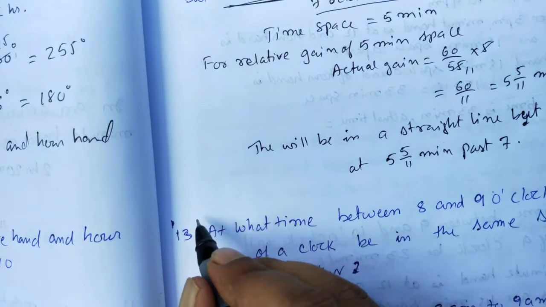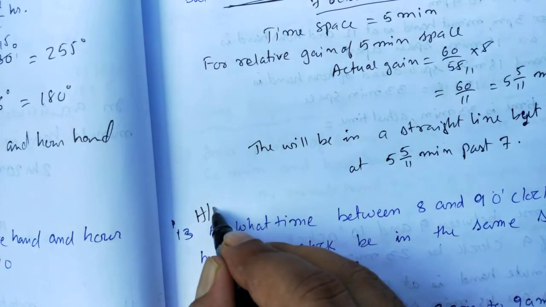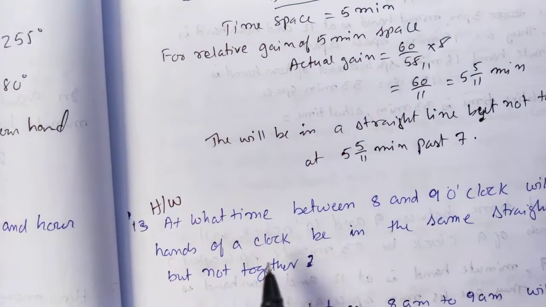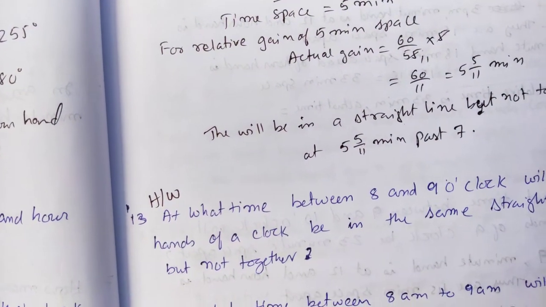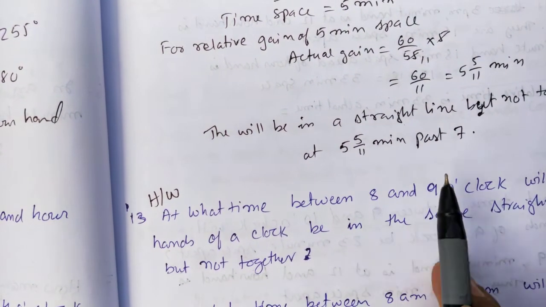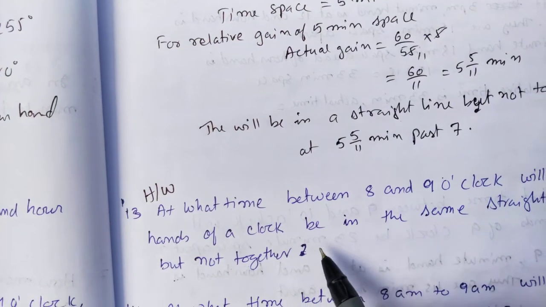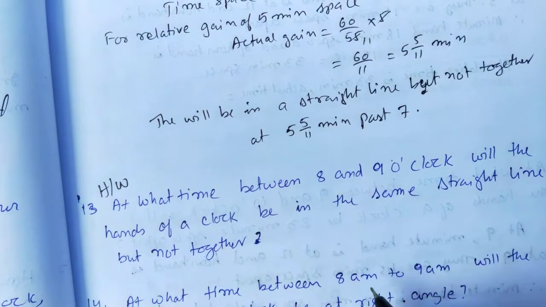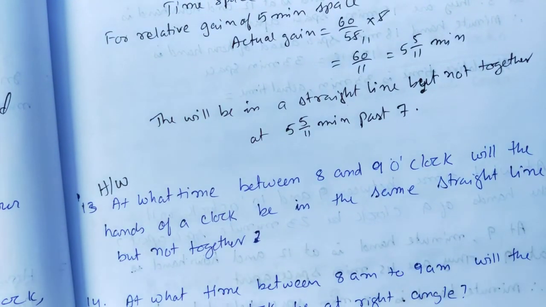Similarly, you'll do this one as homework, similar to question number 12. At what time between 8 to 9 will the hands of the clock be in the same straight line but not together? Similar question, not together. The minute hand and the hour hand must not be together. You need to find the time space. You can use clock also, no problem. You can use watch also, no problem.